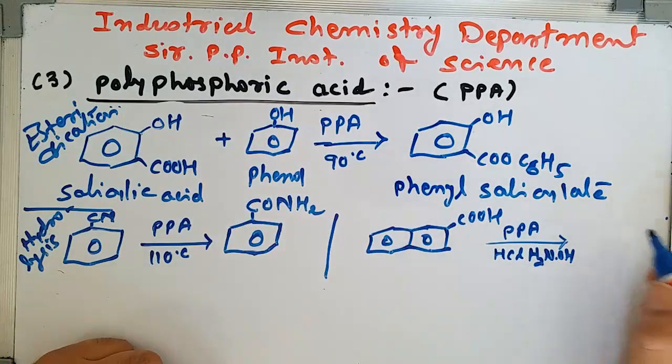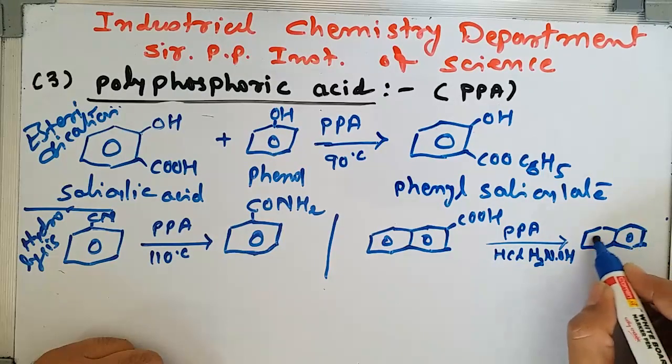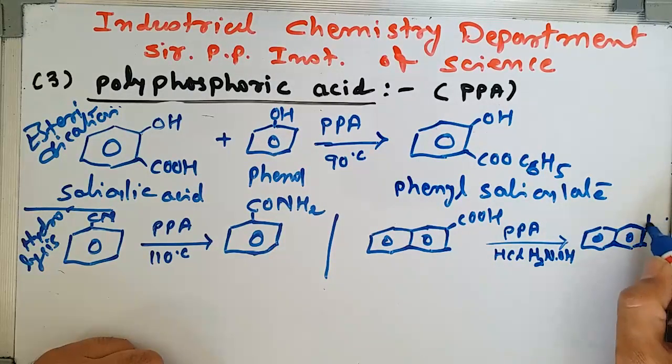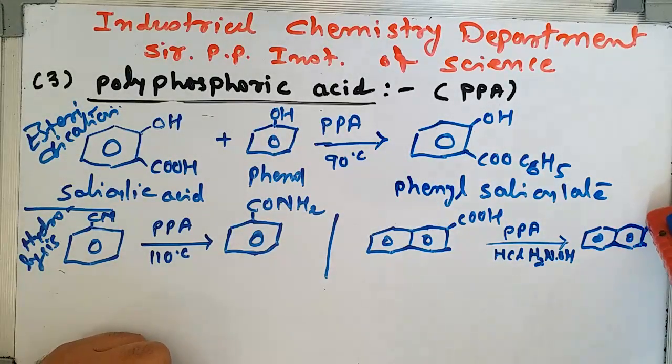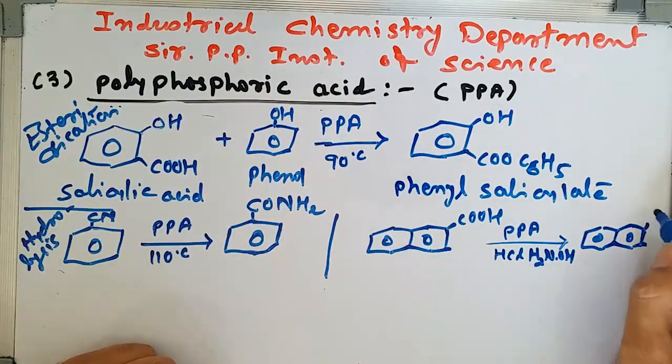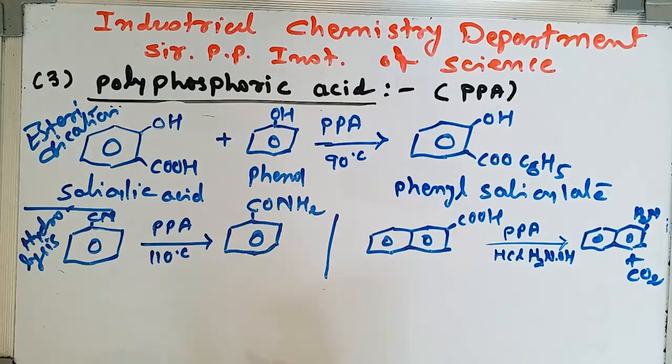With the help of this compound, aromatic acid is converted into amine NH2 plus CO2. So this is also conversion of aromatic acid to amines.